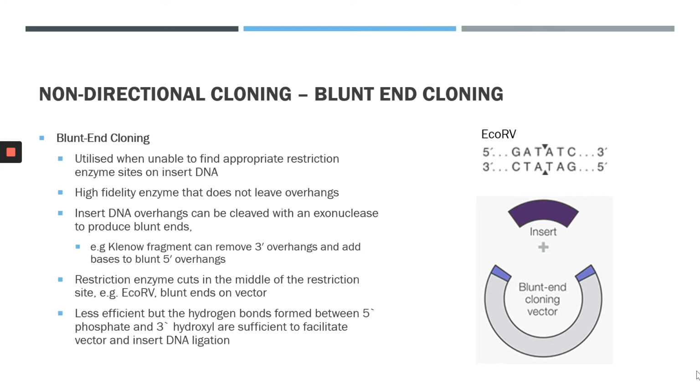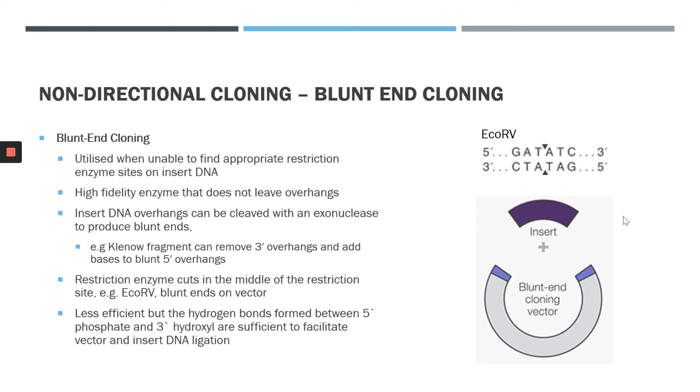A restriction enzyme such as EcoRV can be used to cleave the vector. EcoRV cleaves in the center of its restriction site, and so it does not leave any overhangs. So now we have an insert which doesn't have overhangs, as well as a vector that has no overhangs. And we want to ligate this insert DNA fragment into the vector.